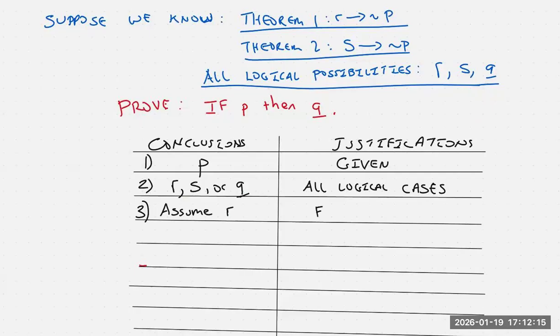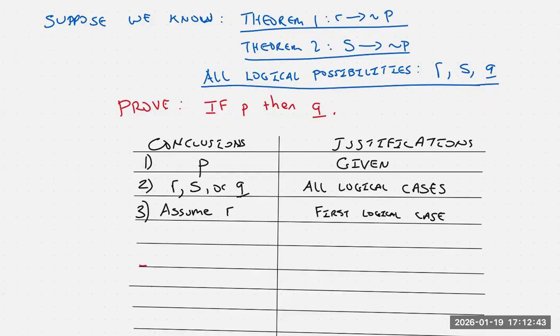It's the first logical case. I just pick one. If you had picked S first, it doesn't matter. If you even pick Q, we don't want to pick the Q because we can't show anything happening with the Q. So we're going to leave it for last. Pick any one of the other 2. If you had 5 cases, pick any one of the other 5, apart from the one you want to go to. So we're assuming R.